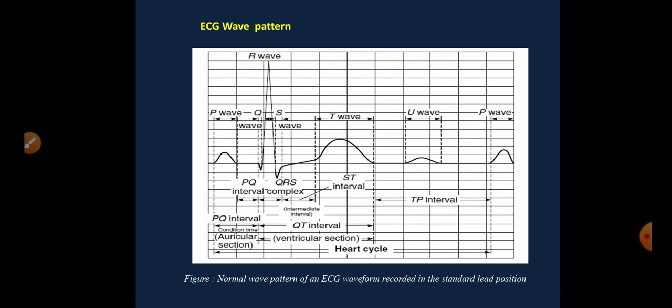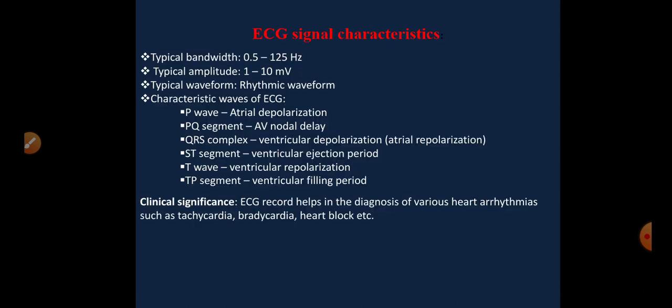Typical amplitude of QRS is 1 millivolt for a normal human when recorded in the lead 1 position. The typical characteristics of the ECG are: bandwidth 0.5 to 125 Hz, amplitude 1 to 10 millivolts, and a rhythmic waveform.